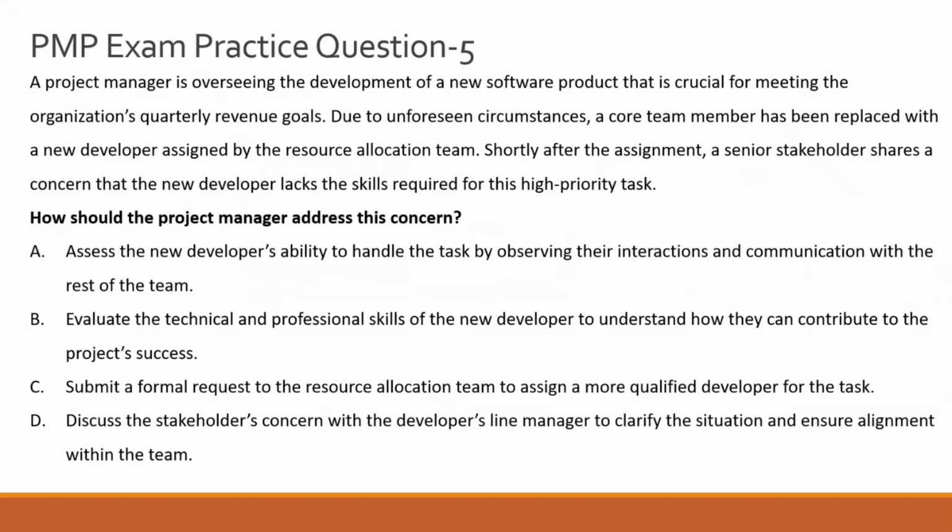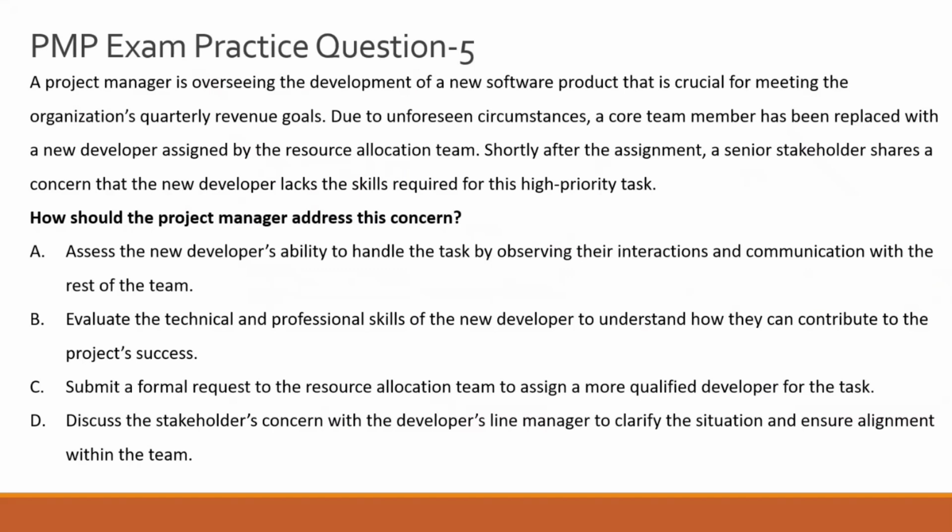So let's evaluate the options one by one. Let's look at option A, which suggests assessing the developer's ability by observing their interactions and communication with the rest of the team. Now, of course, communication and collaboration are essential in any project.